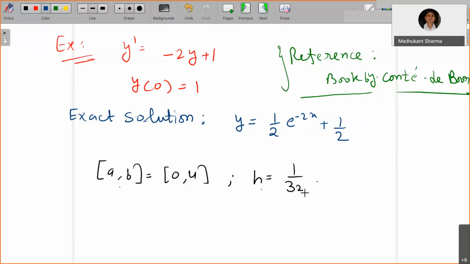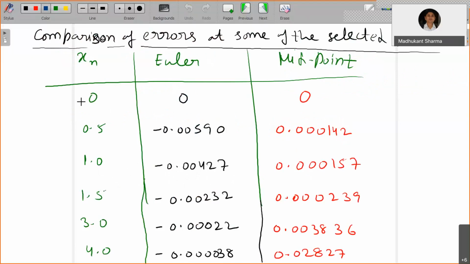He obtained the solution by using Euler's method and by using the midpoint rule, and compared the error terms. You can perform Euler's method and the midpoint rule and look at the errors at some selected points xn.